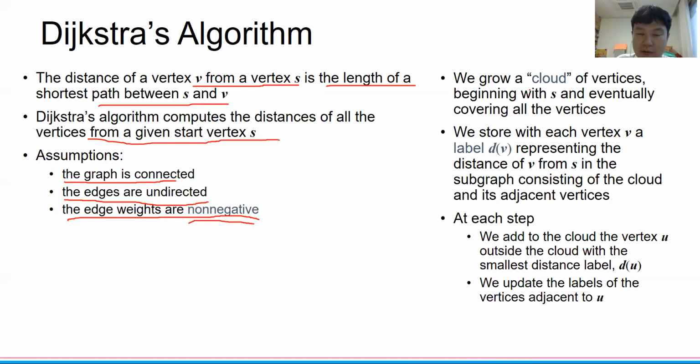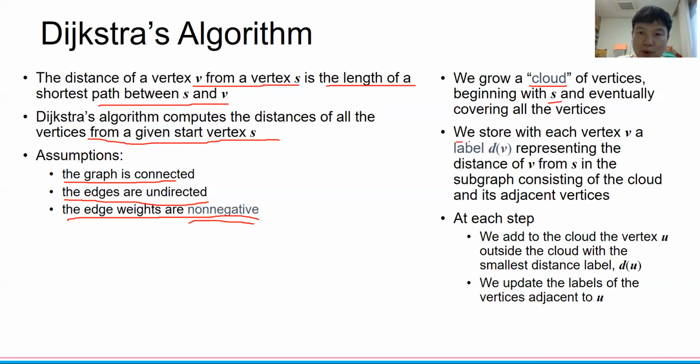In the process of the Dijkstra algorithm, we will grow a cloud. A cloud means we have the vertices, and we begin with a vertex, for example S, and eventually cover all the vertices.